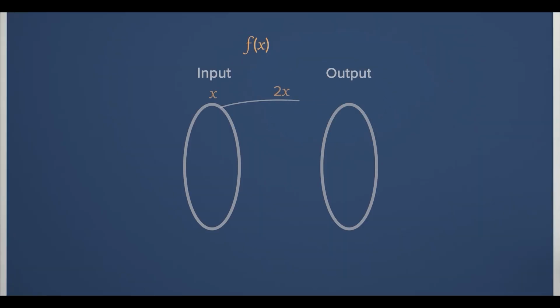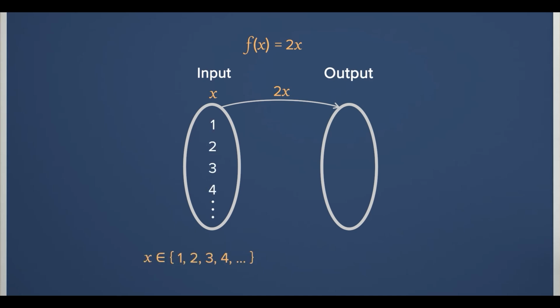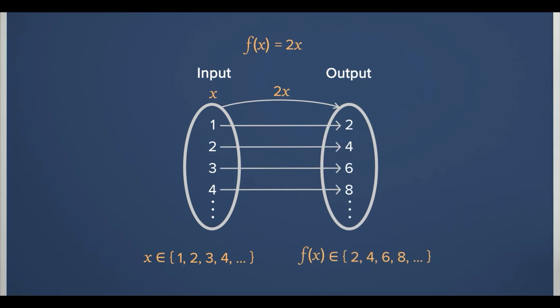And what are they called? Let's look at f of x equals 2x. If we select the input set to be the set of all natural numbers, then we know that the output set will be 2, 4, 6, 8, and so on, which is the set of all positive even numbers.